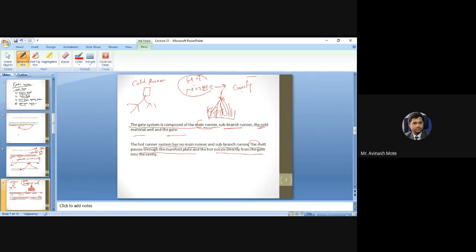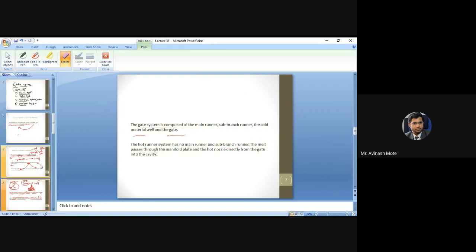Getting it? So there will be no runner and sprue. This complicated mechanism will be there only in case of the cold runner system. Hot runner is simply from nozzle to gate and gate to cavity.